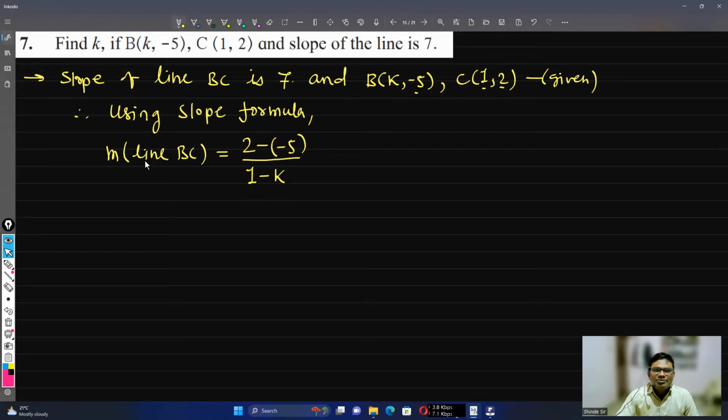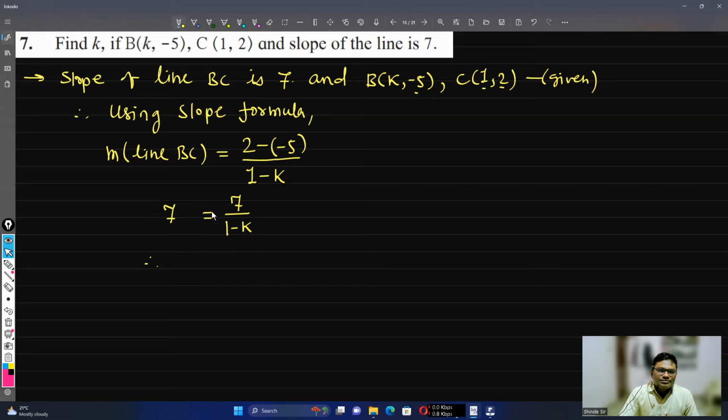The slope of line BC is given as 7. So replace the slope of line BC with the number 7, equals 2 minus minus 5, which becomes positive 7, upon 1 minus k. Now perform the cross multiplication.